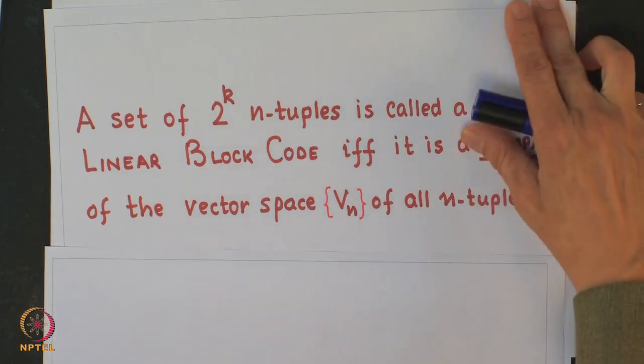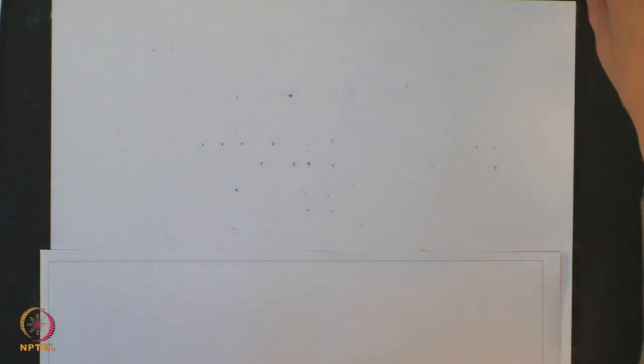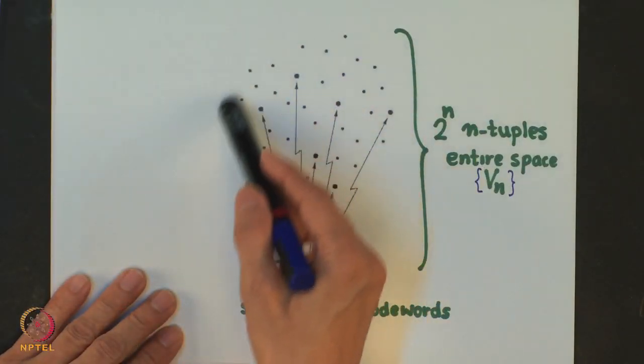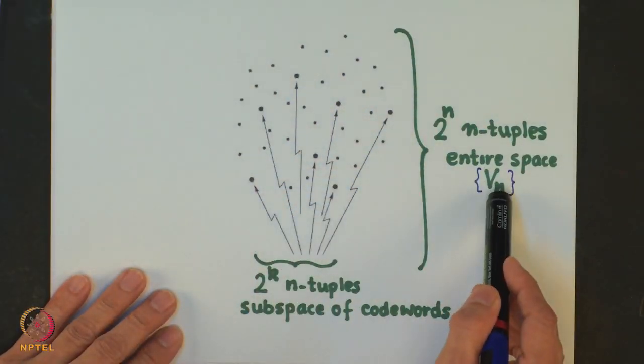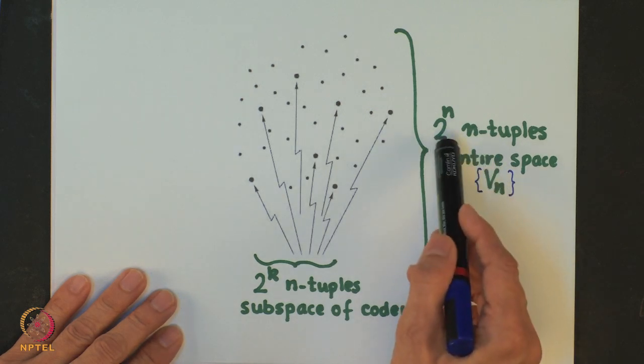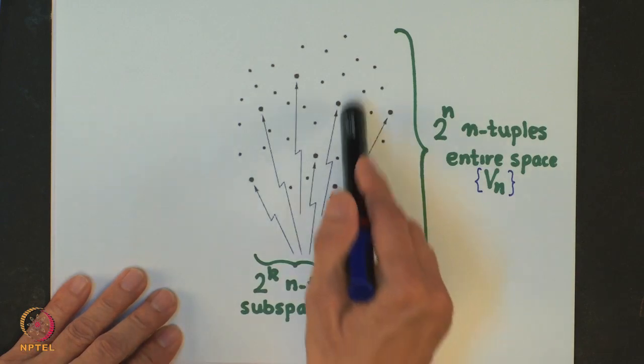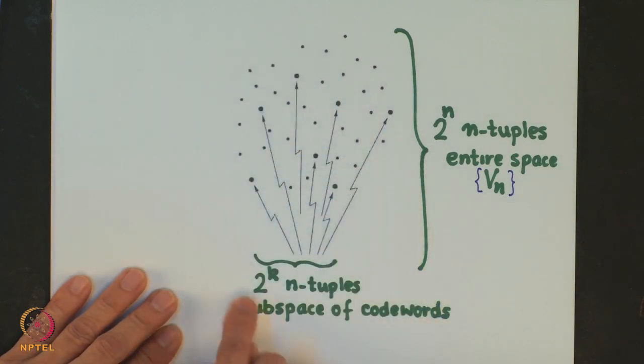This can be visualized with the help of this figure here. Imagine the vector space Vn which comprises 2 raised to n tuples. Within this vector space there exists a subset of 2 raised to k n tuples which make up a subspace.